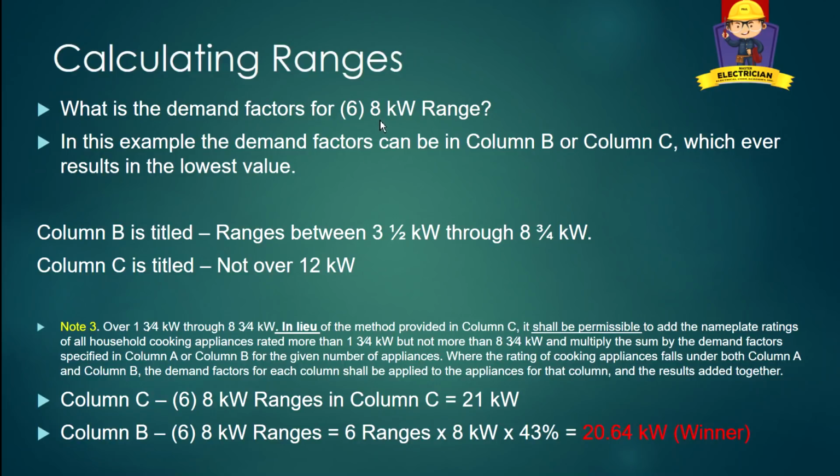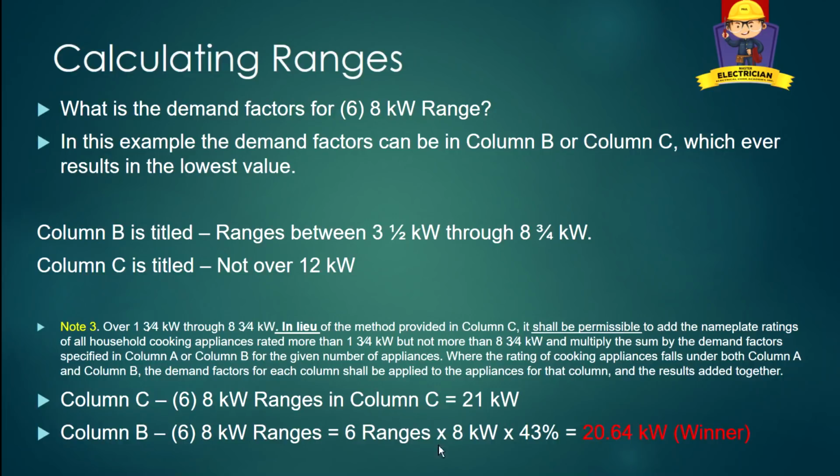Now, since they're 8 kW, they still firmly fit in column B, but we do want to compare it to C. Since we know we're going to have a demand factor percentage, then we know that it's probably going to result in less than C anyway, but we've got to do it. So what do we do? Well, here's the note down here in case you forget it. We'll keep it here. So we have 6 8 kW ranges.